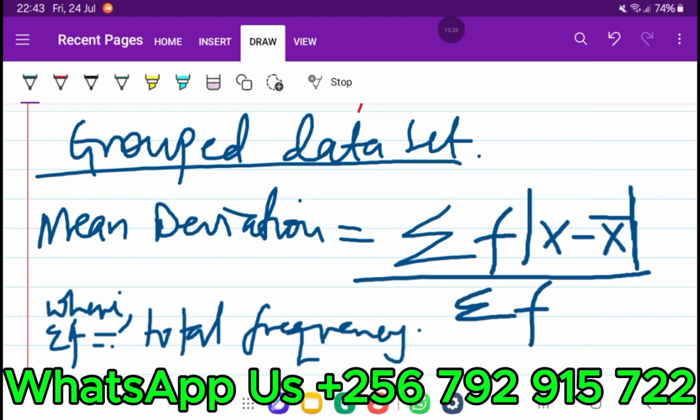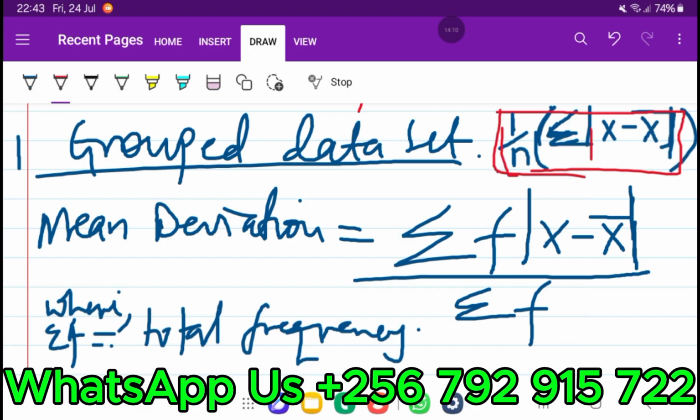We take the absolute values, even for the ungrouped data. Sometimes they may write the formula as 1 over n times the summation of the absolute value of x minus x bar.